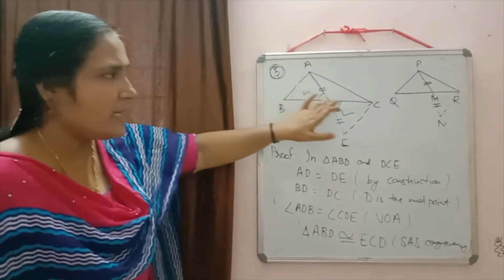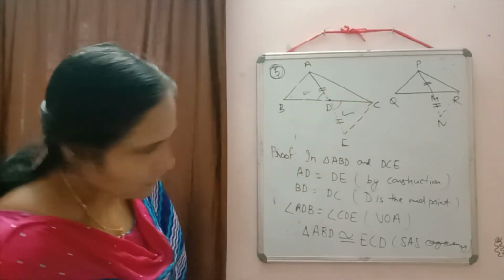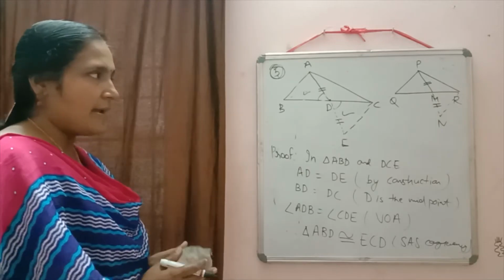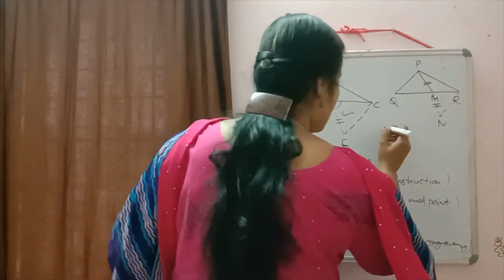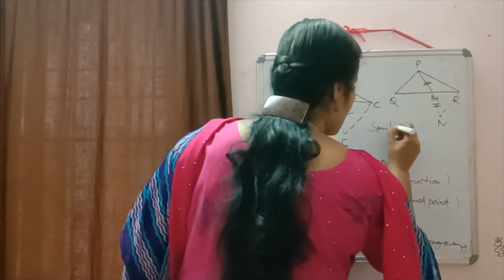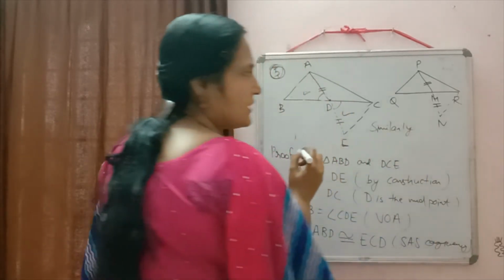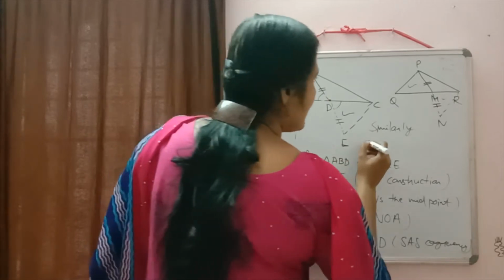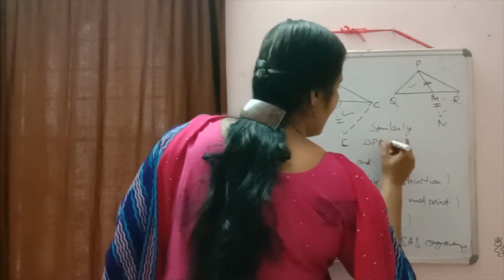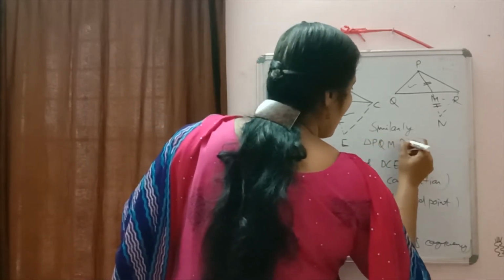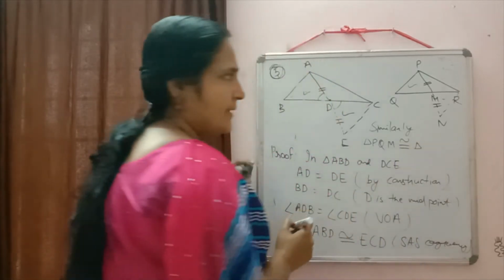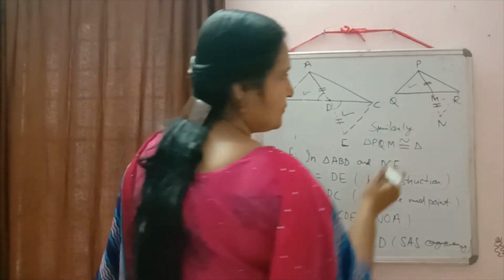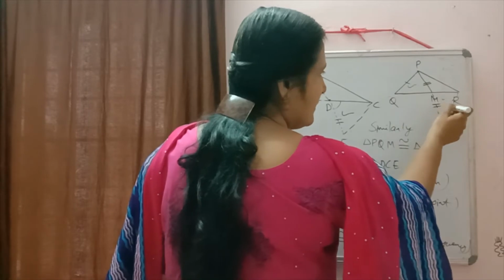So in this triangle we proved. The second one, what we will do? Second one we will write similarly. Similarly, in this one, which two triangles will be congruent? These two triangles. So I am writing directly there. Similarly, triangle PQM congruent to... PQ will be equal to which one?